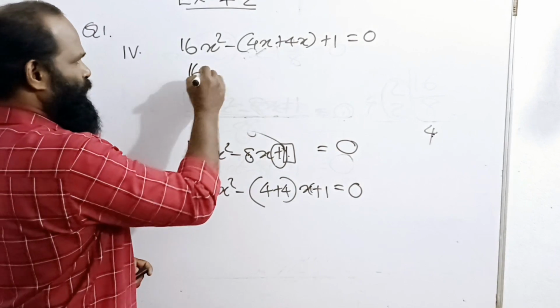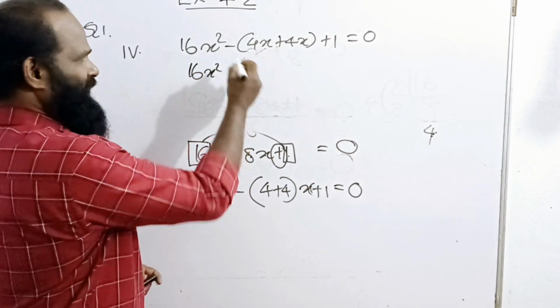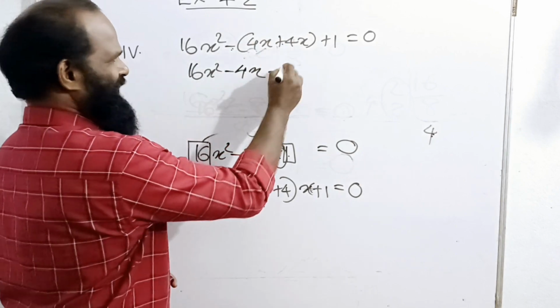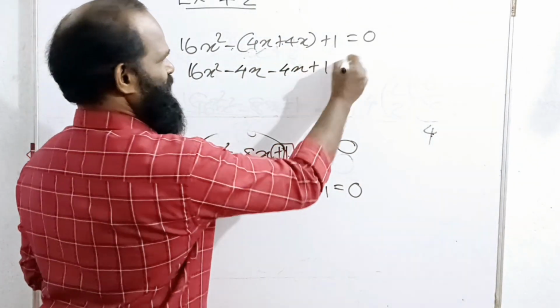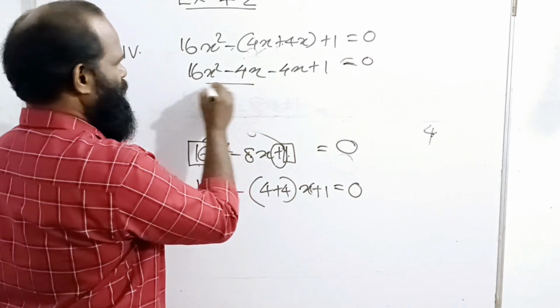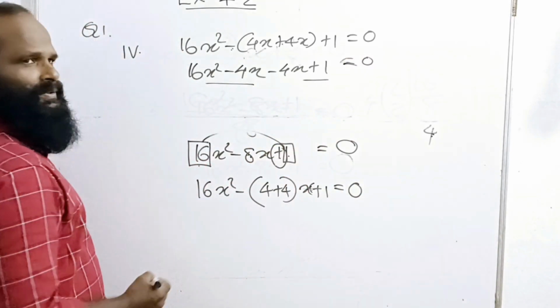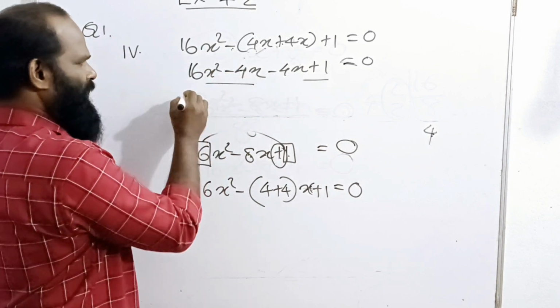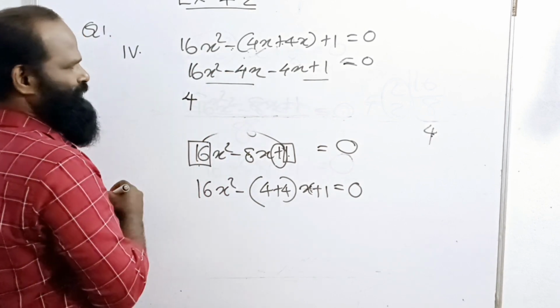So 16x square. Now open it. Negative into positive is negative 4x. Negative into positive is negative 4x. Plus 1 is equal to 0. One group and second group. The terms we can take from 16 and 4 are 4.